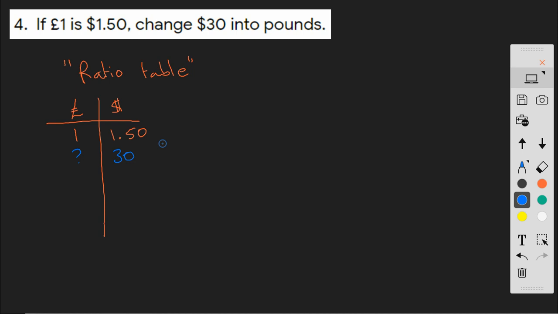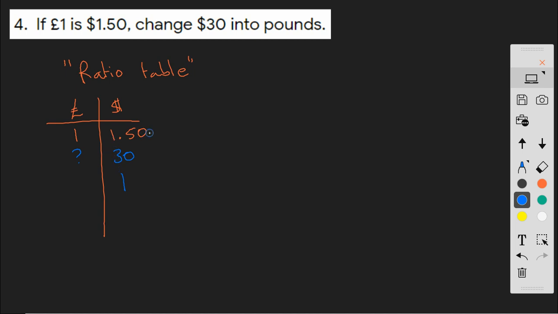Now, there are a couple of ways to go at this point, but what I'm going to do is stick very clearly to my principles about using the ratio table and looking to find out what one of something is. So I need to find out what $1 is.